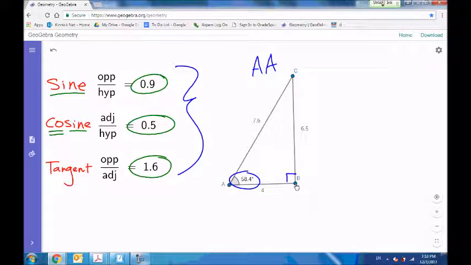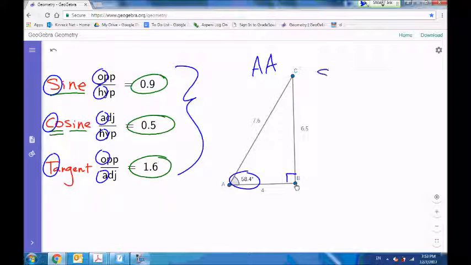Now, there's a nice acronym that I like to use to remember which ratio is which, and it involves using the first letters of all of these. The mnemonic is SOHCAHTOA.